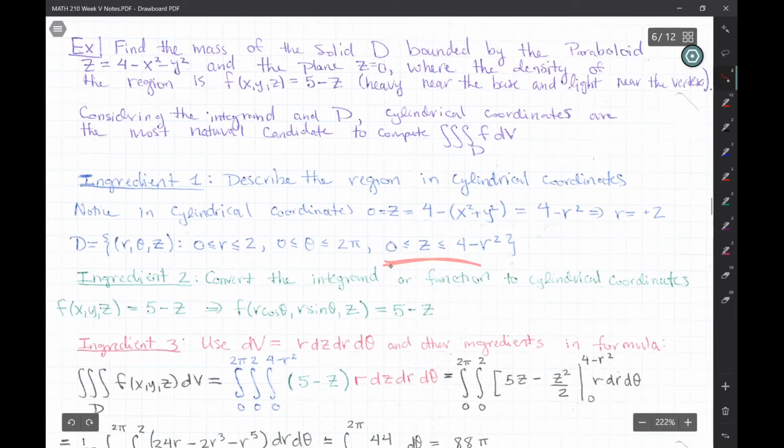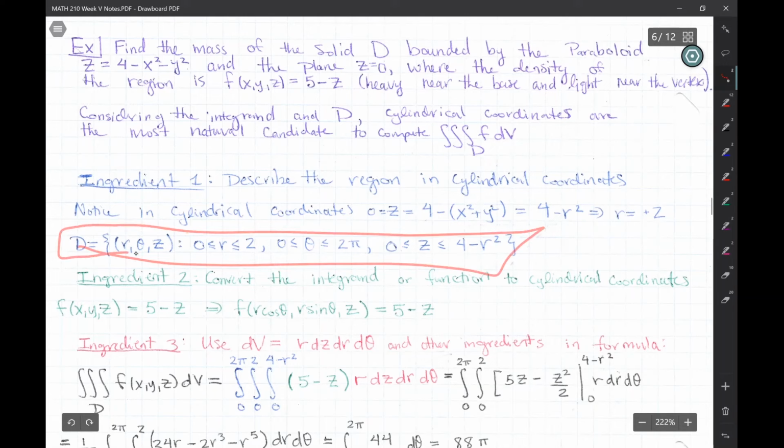And z will be between 0, the z equals 0 plane, and 4 minus r squared. Where did we get this 4 minus r squared? Well, that's what we get when we convert 4 minus x squared minus y squared into cylindrical coordinates. So this then is our first ingredient. It is the description of the region in terms of cylindrical coordinates.